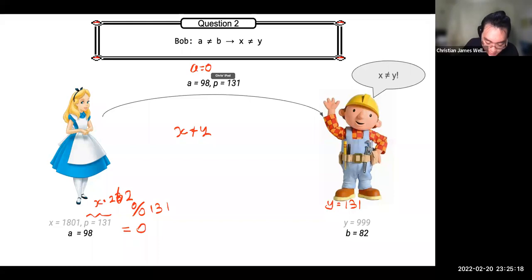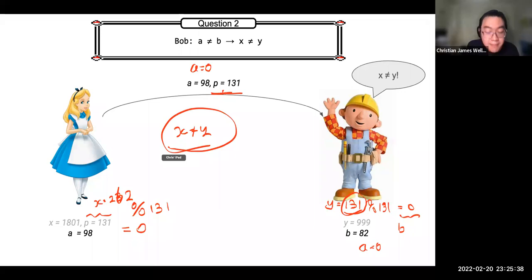Over here, the prime is still the same. Bob will use the prime to mod this, 131 mod 131, to get 0. So B equals 0, and they conclude that A was also 0. So Bob believes that the original two numbers, X and Y, are the same.